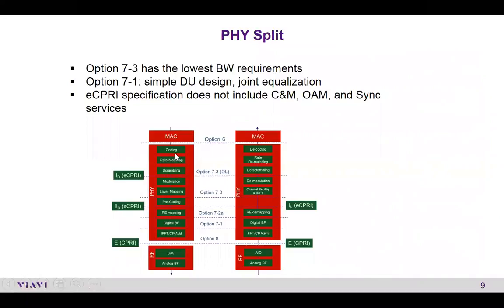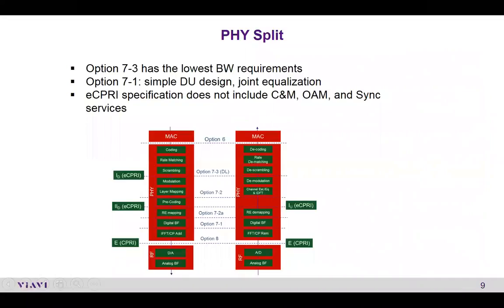Components of the option. If we look at option 7, then the element mapping. If there is beamforming, there are two types of beamforming.